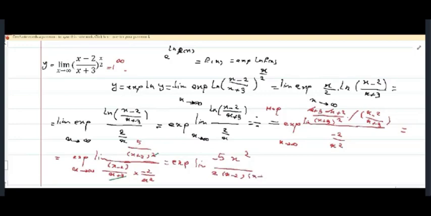When x approaches infinity, according to the ratio function limit, the largest degree is x^2, so the limit is the exponential of the limit of minus 5x^2 over 2x^2, and we delete x^2, and we get the exponential of minus 5 over 2.